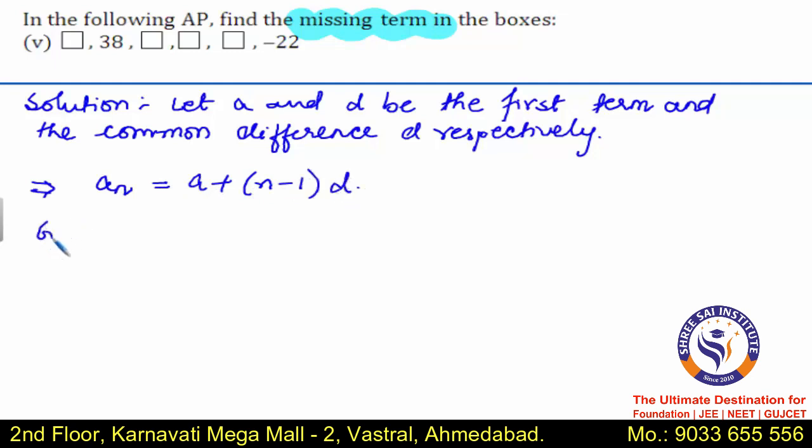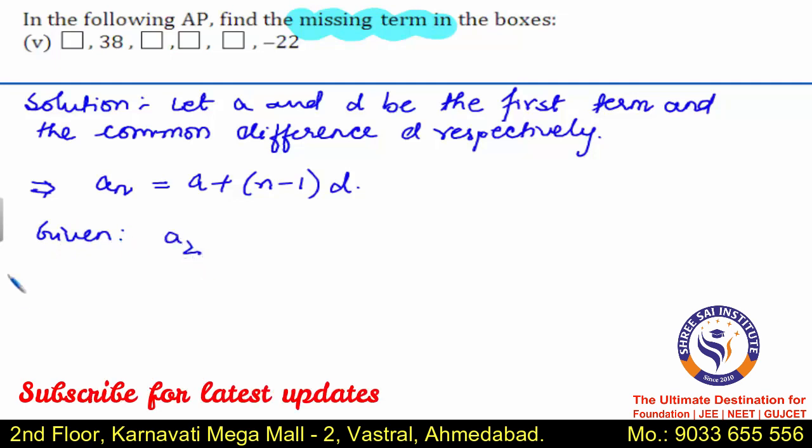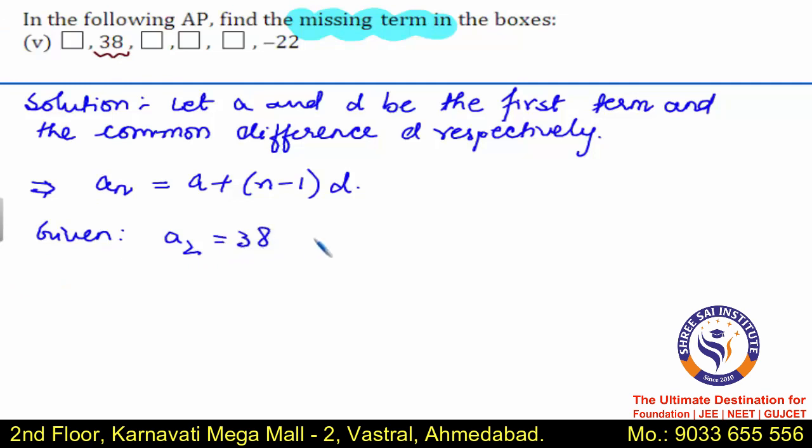In this question we are given the second term, which is 38, and the sixth term, which is equal to minus 22.